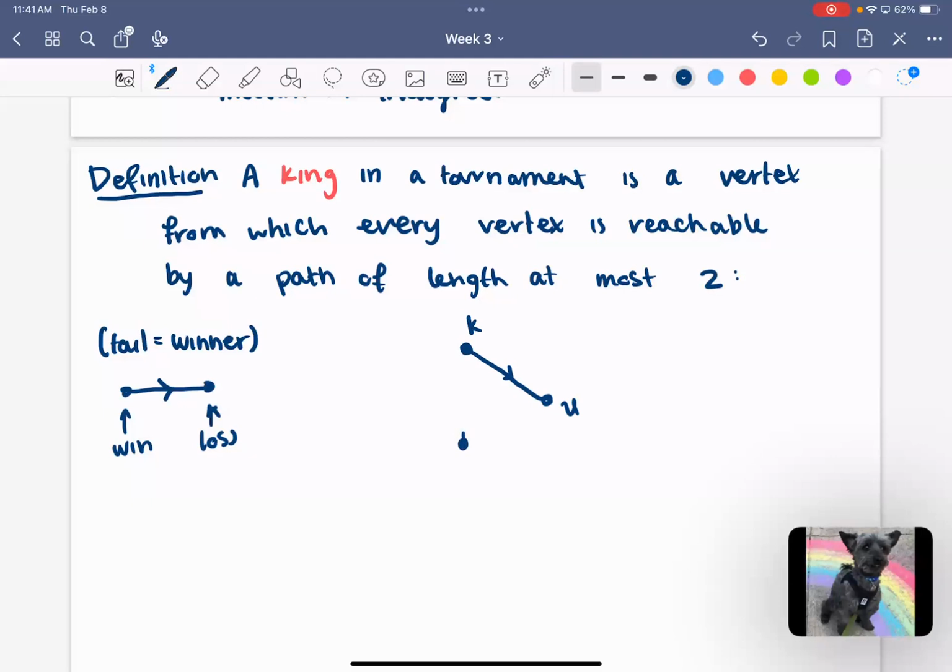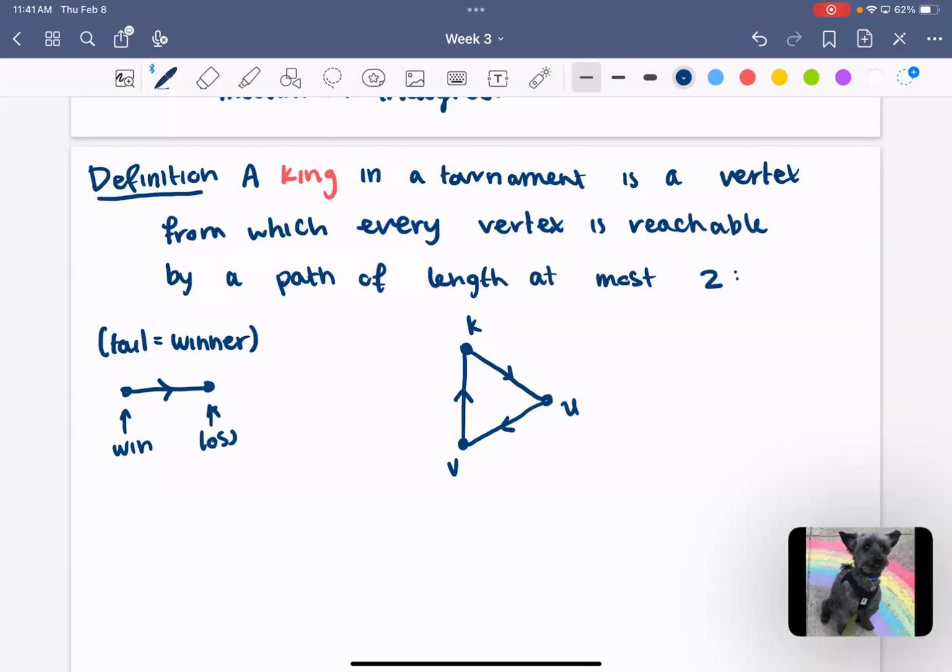If K loses to V, then what we want is that there's a way to get to V from K in at most 2 steps. Does that make sense? The interpretation of the king is someone who either beats everyone, or if they lost to someone, they beat someone who beat that person. That's kind of the interpretation.